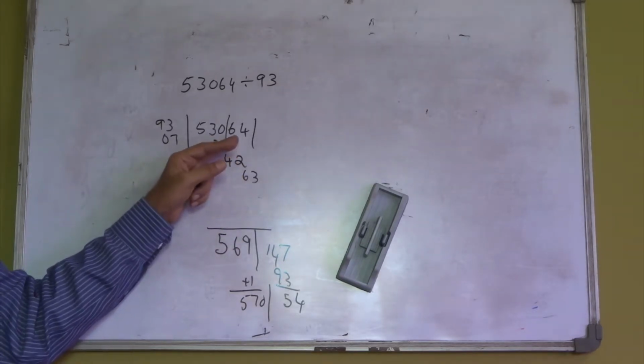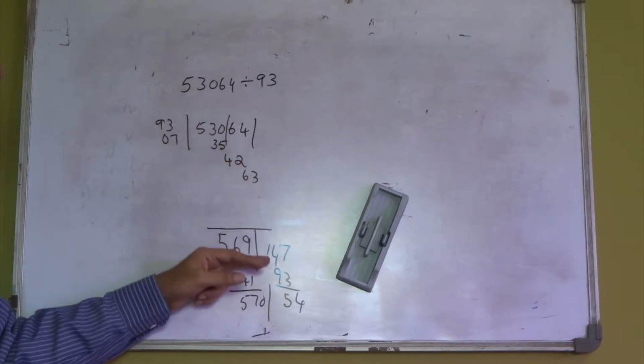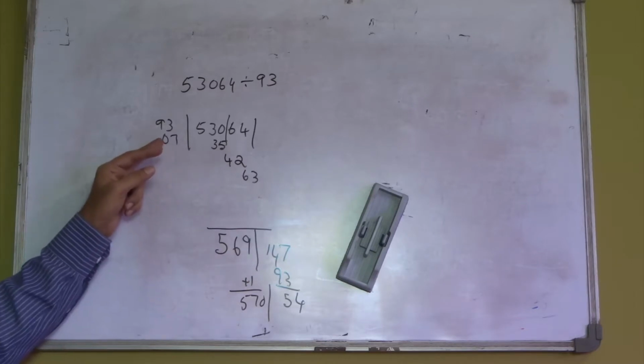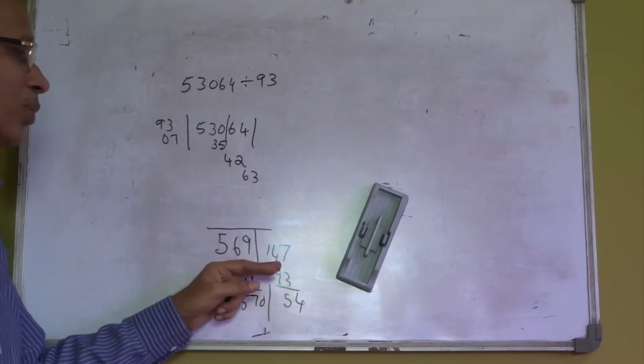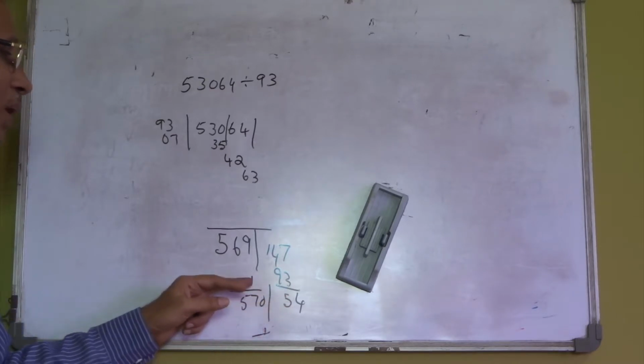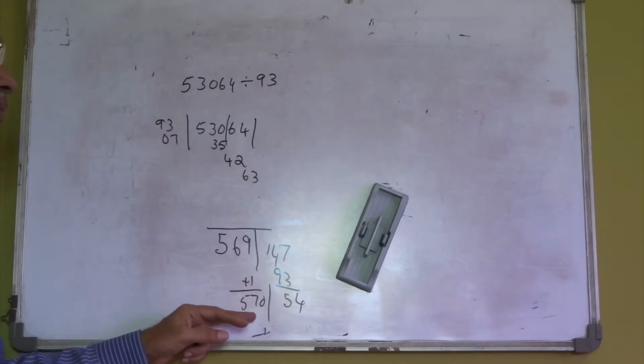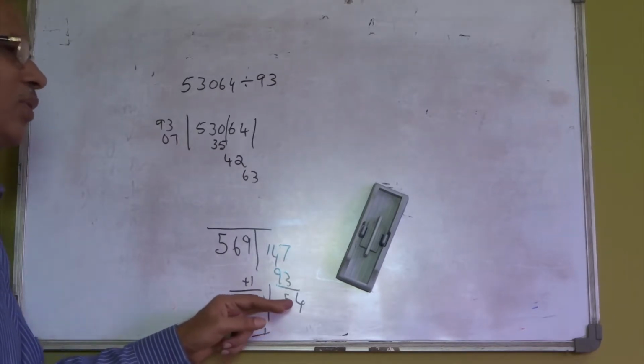Now we add this 64, 20 and 63, it becomes 147, more than 93. So one more time it will go. We reduce 93 to get 54. We increase the quotient by 1 to 570. So 570 is the quotient, 54 is the remainder.